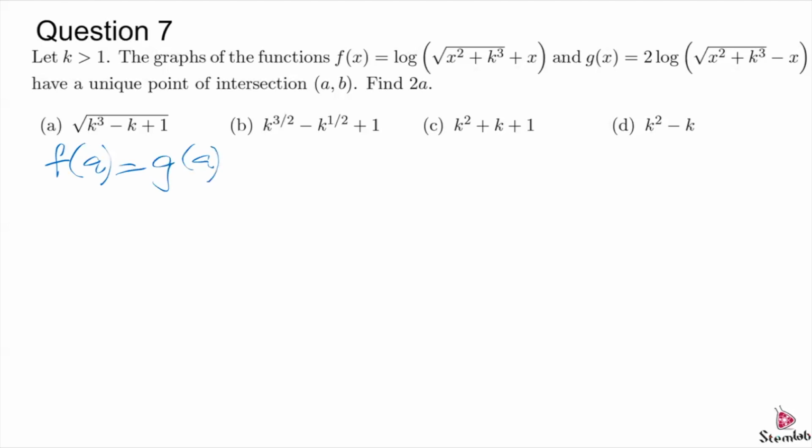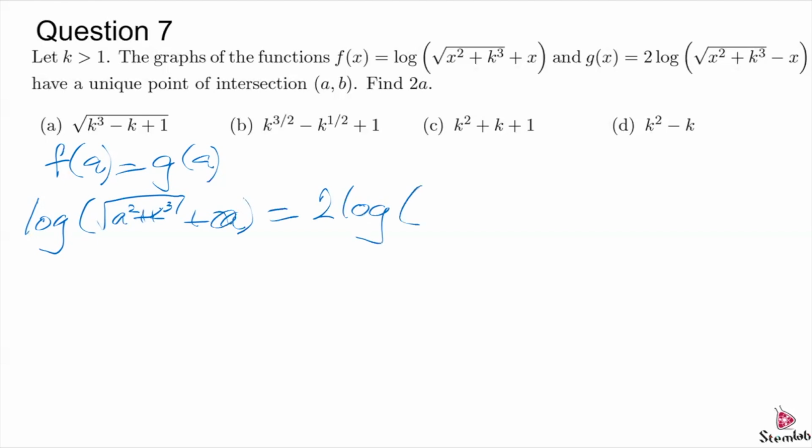So that means that log of the square root of a squared plus k cubed, plus a, is equal to twice the log of the square root of a squared plus k cubed, minus a.